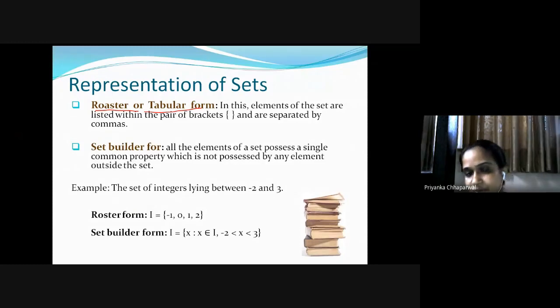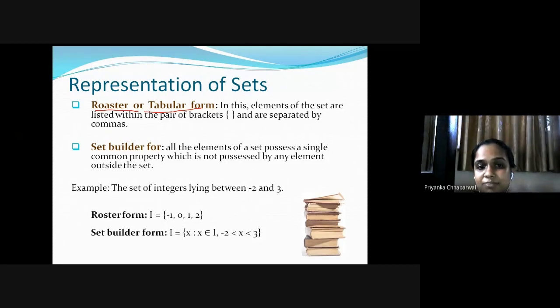Then what is the difference between both? Roster representation of sets: in this form, the elements of the set are listed within a pair of brackets and are separated by commas. Then what is the set builder form?